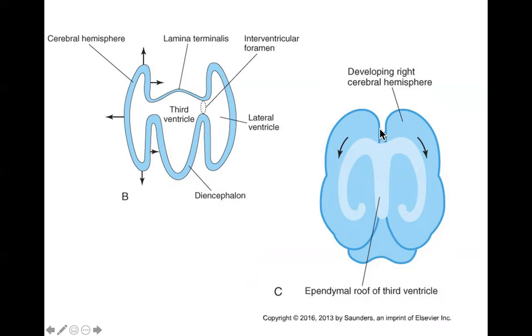And then once those cells invaginate into the cavity, they differentiate into these choroid plexus cells that produce cerebrospinal fluid for the central nervous system. And this occurs in the medial dorsal surface of the ventricles. So towards the middle, towards the top of the brain.